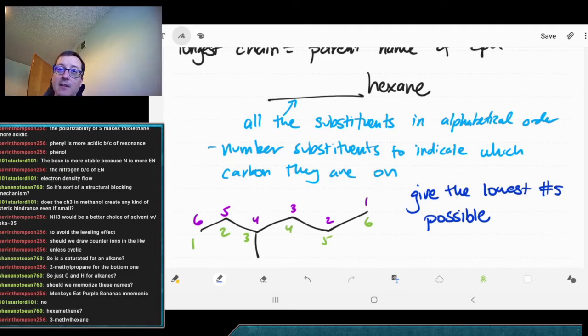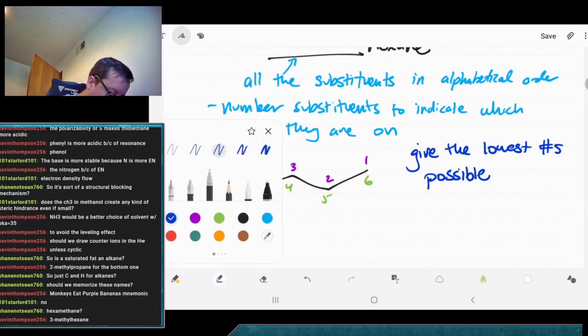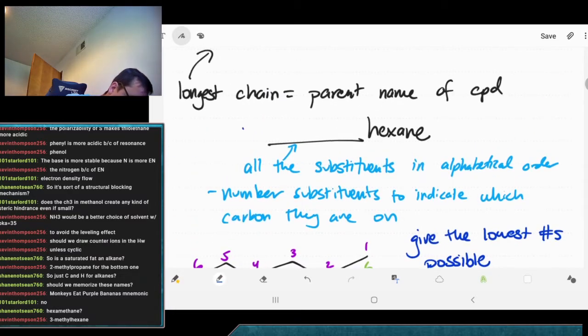And we see, aha, that methyl group would be best. The lowest number we can give it is a 3, to say it's on carbon 3 of our hexane. Hexane has 6 carbons. We have a methyl group on the hexane, on carbon 3. And so this one will indeed become 3-methylhexane.